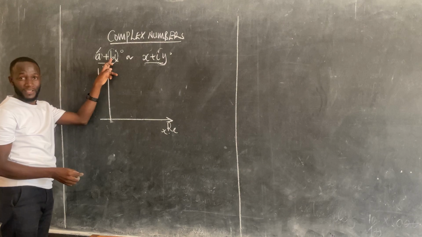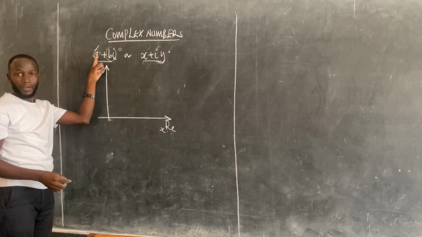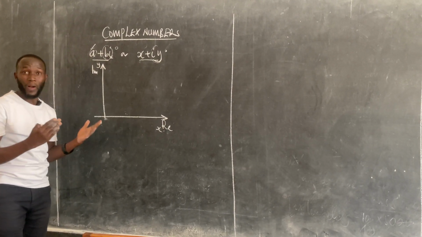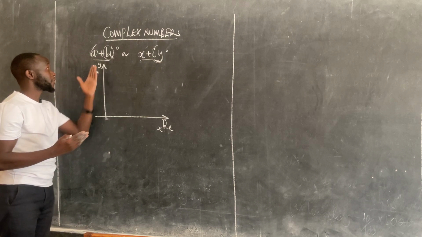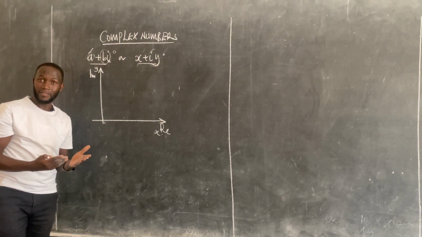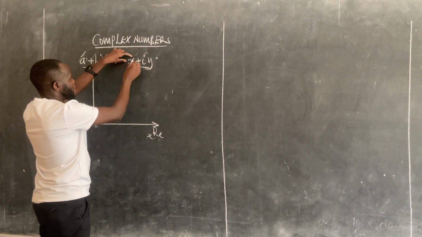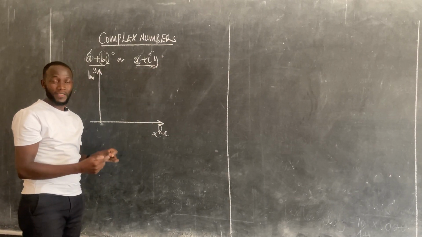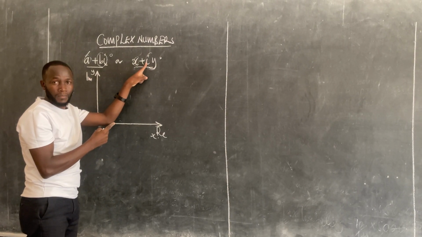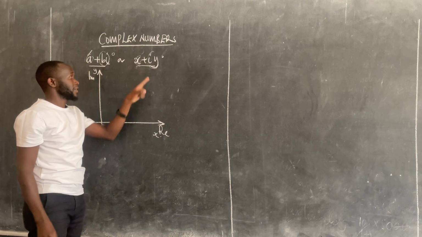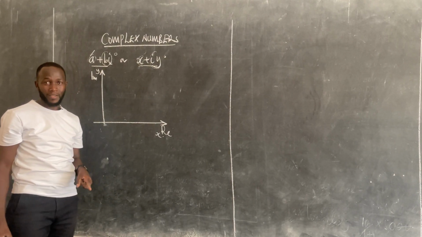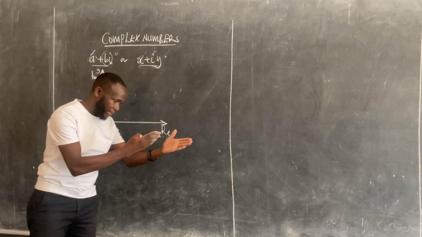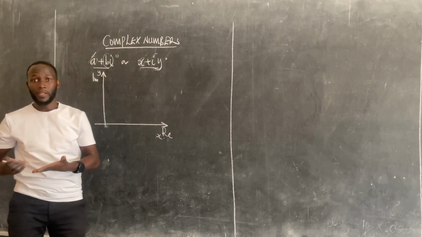Just assume if b was 0, this would be a. So a becomes purely real, because its imaginary part is 0. And if the x value is 0 and you have y, we say this one is purely imaginary, simply because its real part is 0. So we have purely imaginary numbers and purely real numbers.